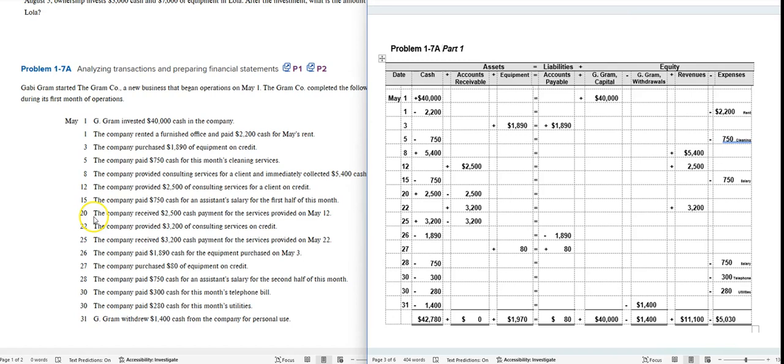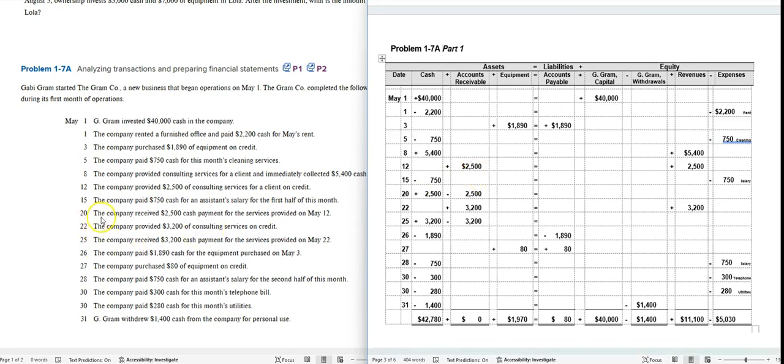On the 20th, the company received $2,500 cash payment for the services provided on May 12th. Remember, back here on the 12th, we recorded the revenue when we provided the service to the client, but the client hadn't paid us at that time, so we recorded an increase to our receivable.